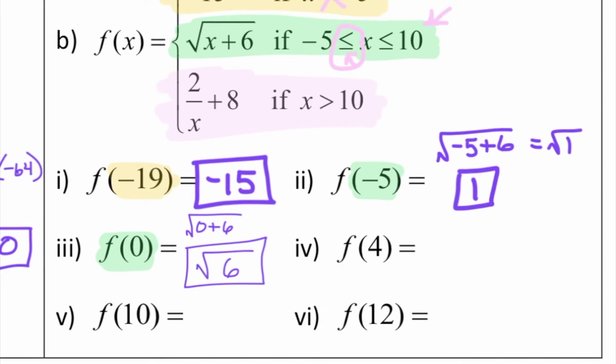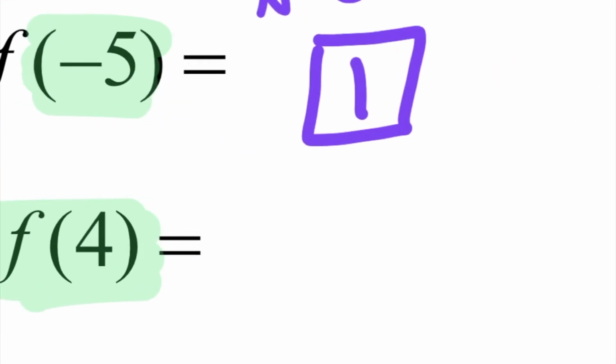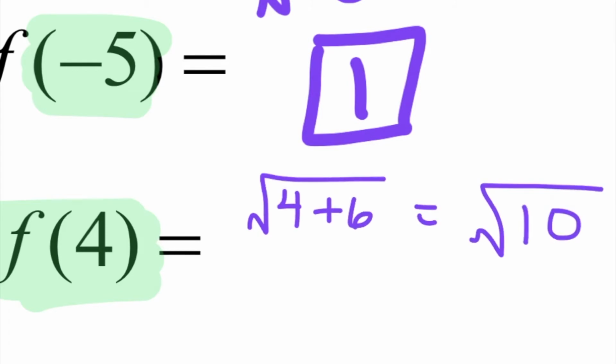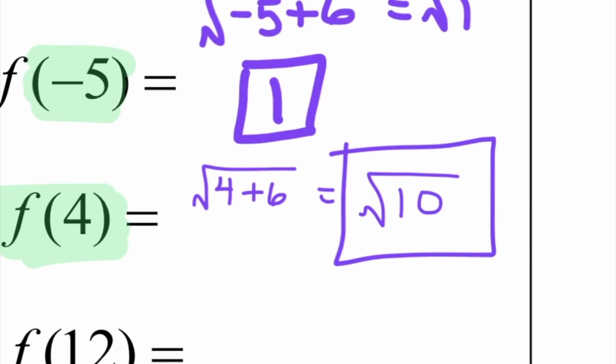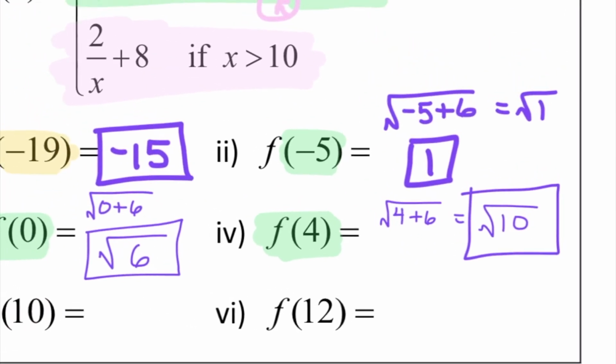And 4 is also between negative 5 and 10, so that's also going to be the green equation. And so that's going to be radical 4 plus 6, and that is radical 10. And radical 10 cannot be simplified at all, so that's just your answer there.